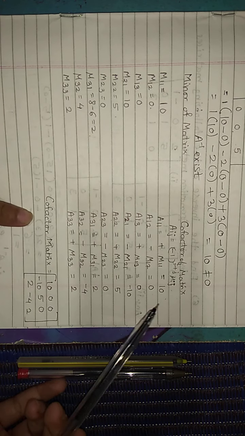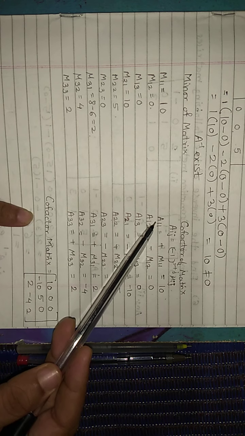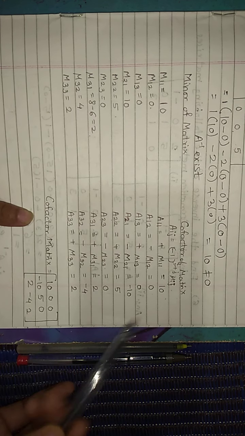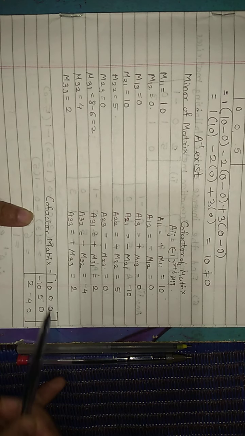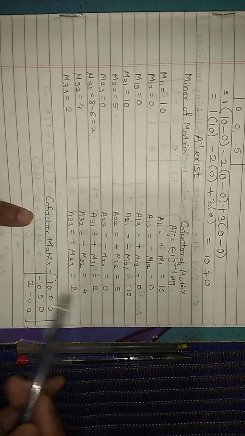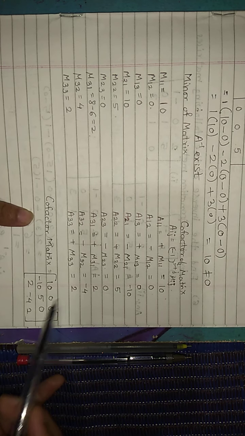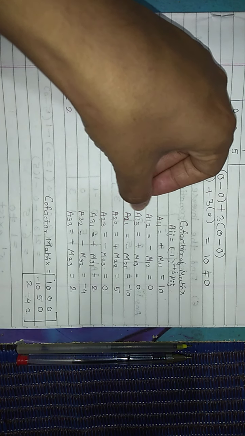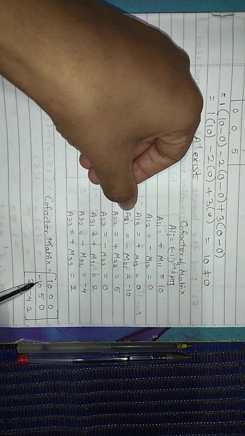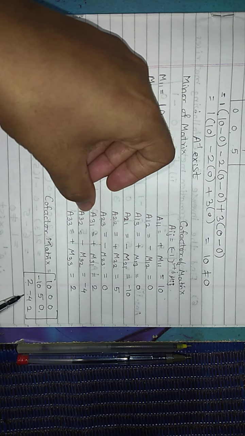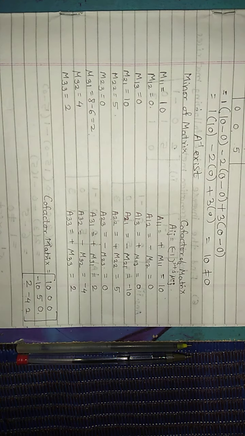So the cofactor matrix, position wise, A11, A12, A13: 10, 0, 0. Minus 10, 5, 0. 2, minus 4, 2. Like this we substitute, because we have A11, A12, A13 positions, A21, A22, A23 positions, and A31, A32 and A33 positions.